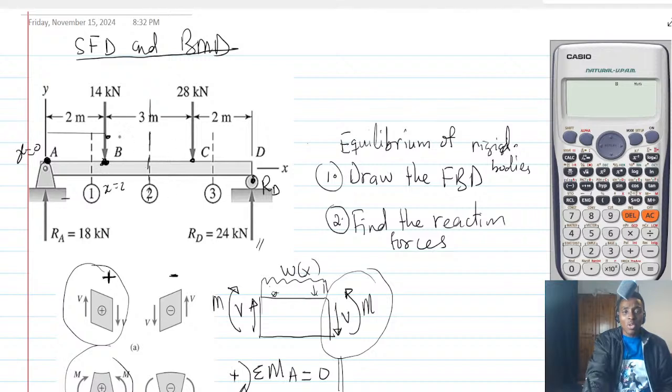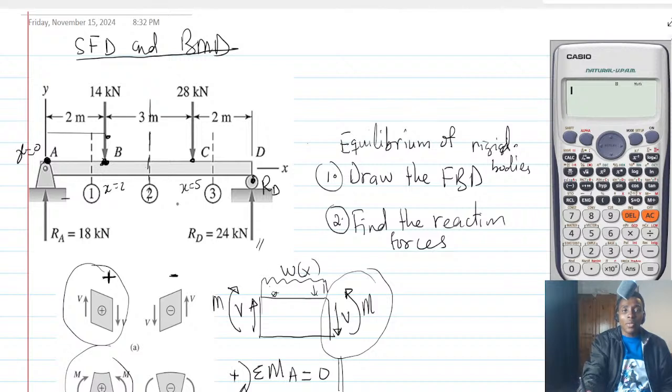So then between B and C is x equals 2 till you get to x equals what? 5. Alright? Now we are going to repeat the same step which we did for the first part. Okay.